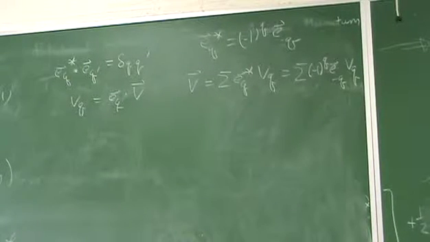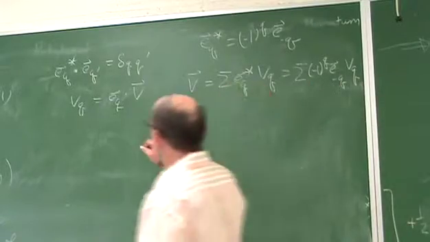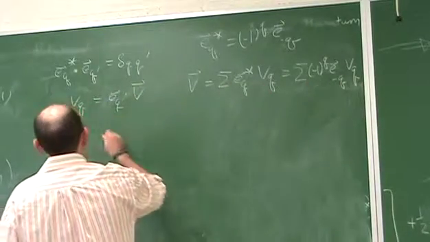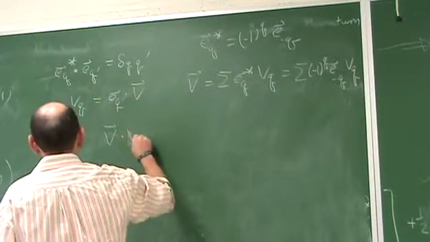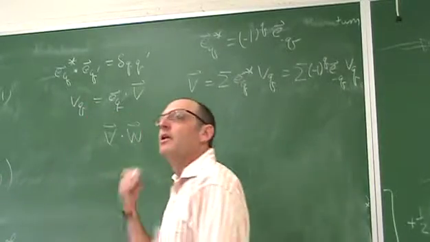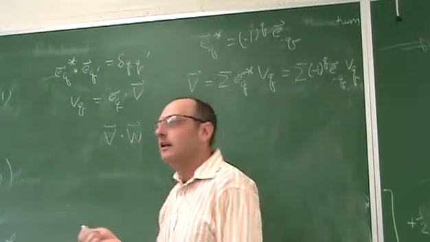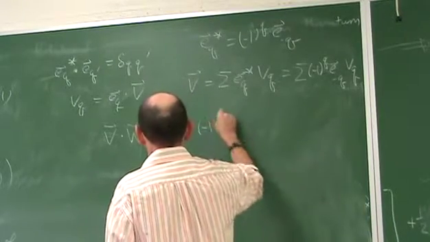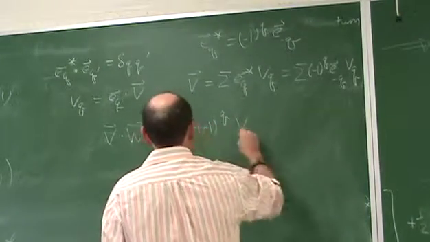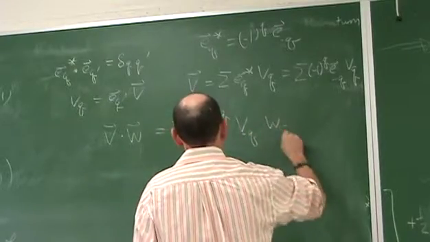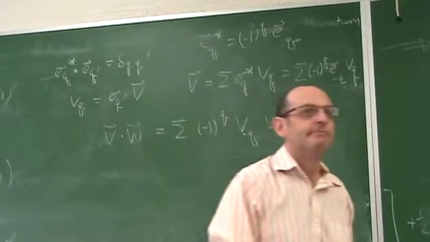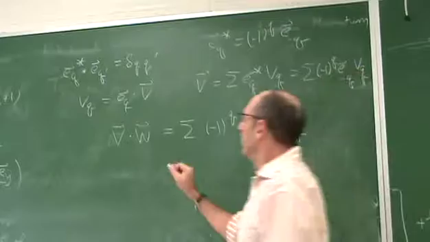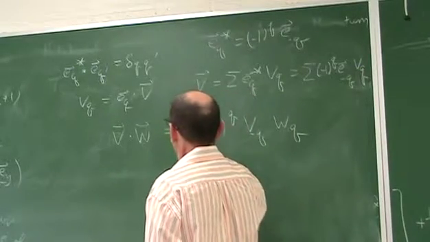So for example, if I looked at the dot product between two real vectors, v and w, which would have components vx, vy, vz, then with respect to the spherical basis, this is written as that, with q equals minus 1, 0, plus 1.